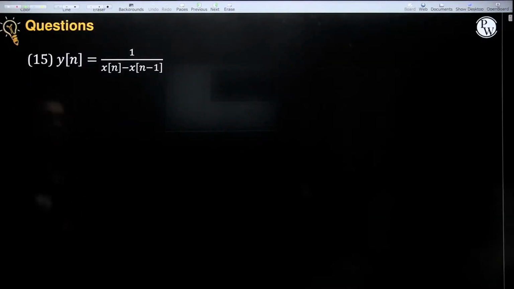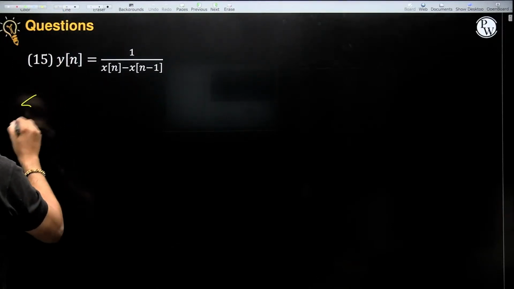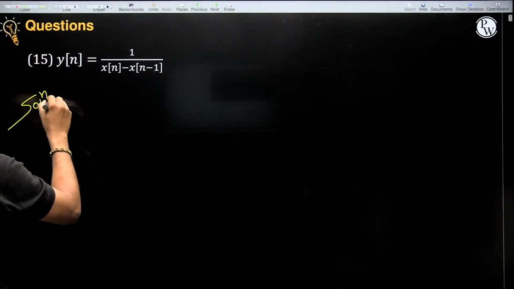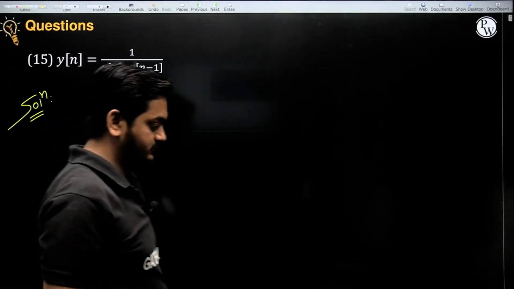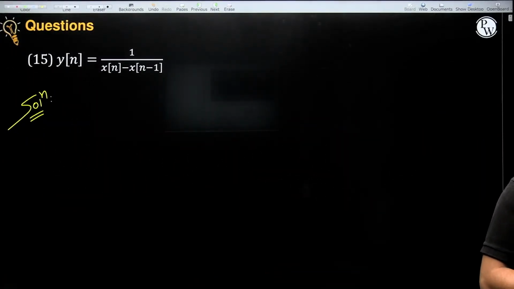Now next, y of n equal to 1 upon x of n minus x of n minus 1. Tell me whether this is a linear or non-linear system.